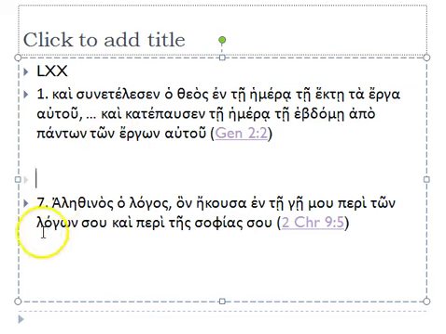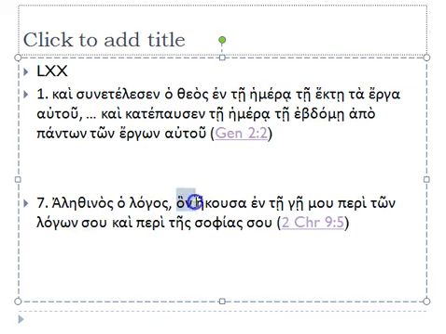Then from 2 Chronicles, this is the line from the Queen of Sheba after her visit to Solomon. Alethinos ho logos. Alethinos is an adjective meaning genuine or reliable. Ho logos, you all know. All agreeing in gender, number, and case, and in predicate position. So ho logos alethinos, the word is true.